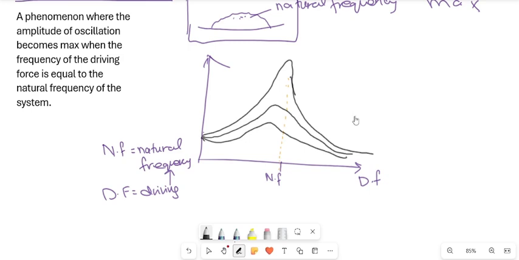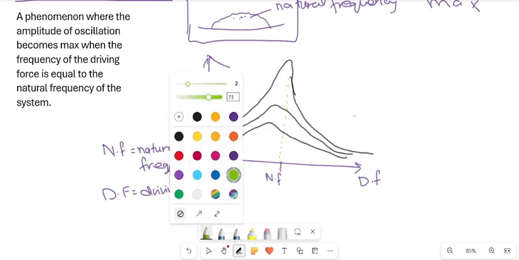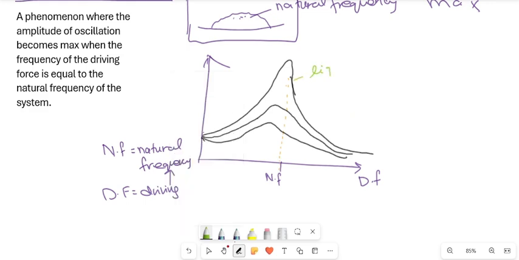Now, if I were to label all of these, this is light damping. This is, okay, no, this is light damping, my bad. This is no damping, and this is, you can say, damping, it just increases, or you can say heavy damping or critical damping. Now, the purpose of this graph is to tell you the relationship between frequency and damping.